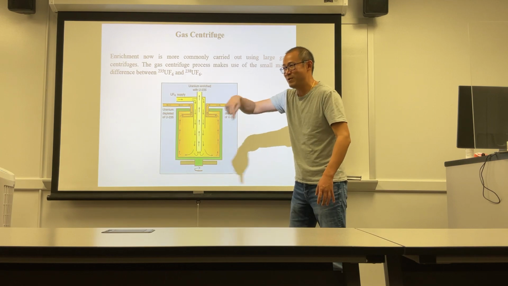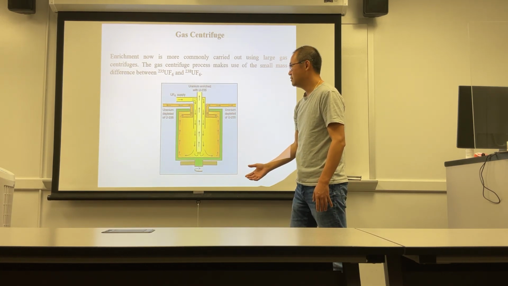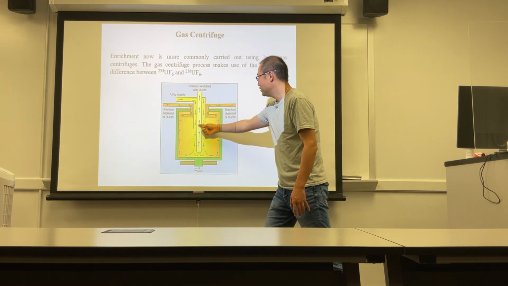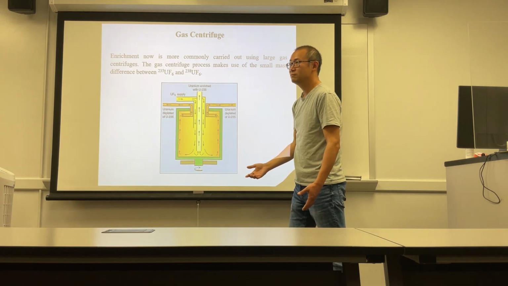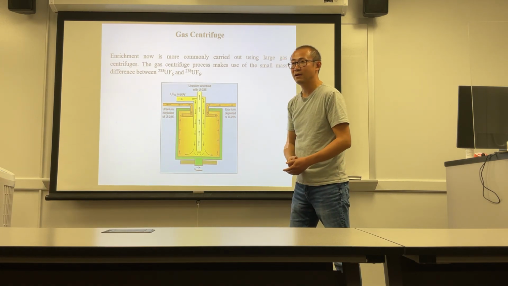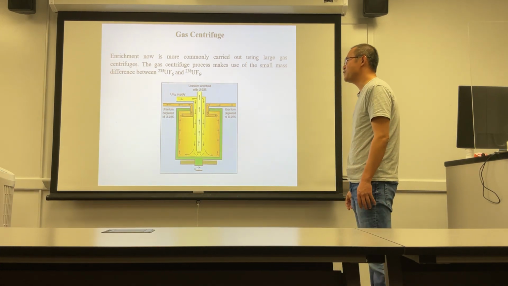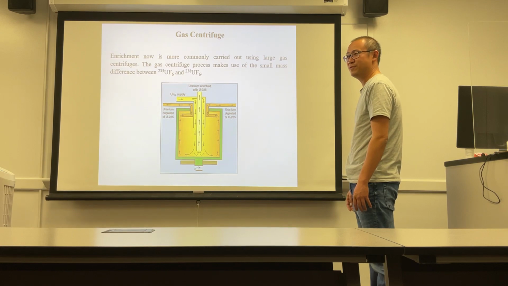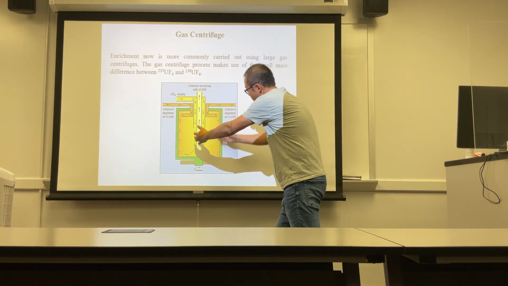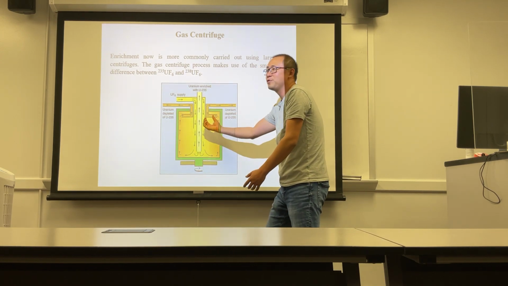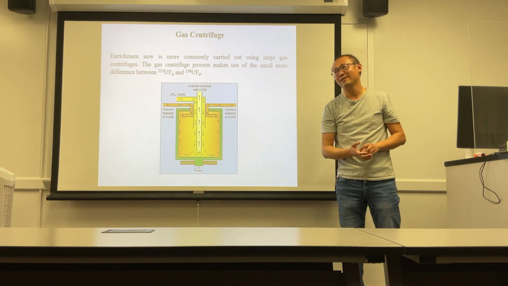Because think about it, you spin hard, right? So in this way, you can collect uranium-235 after spinning. We call that gas centrifuge. Uranium-238 will be on the side, at the bottom, and uranium-235 will be at the center, so you can collect them.